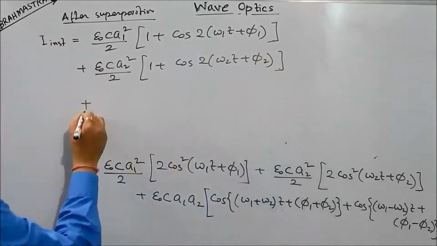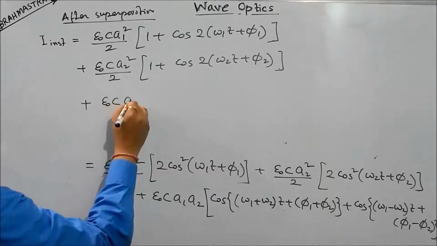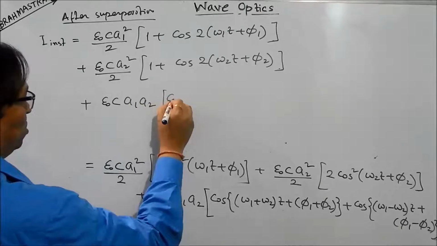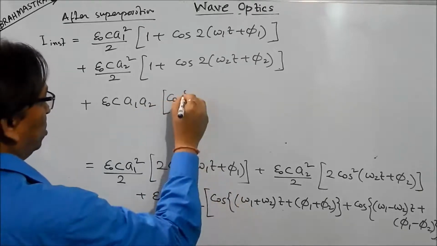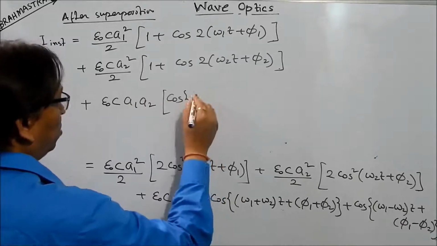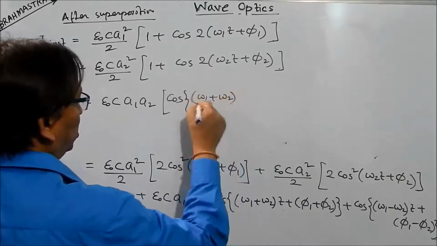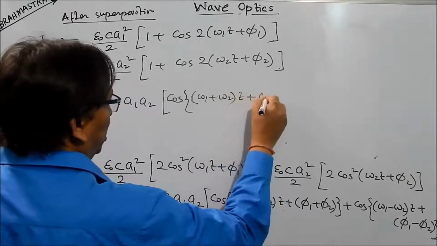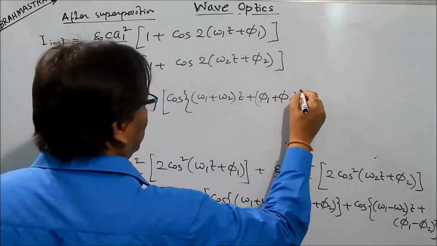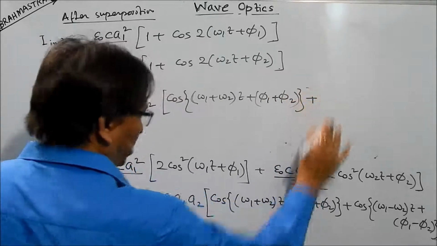And the third part is this one. This is epsilon naught c a1 a2, and this is a long term, no problem. So this is cos of (omega 1 plus omega 2) into time plus (phi 1 plus phi 2), and plus another part is there.